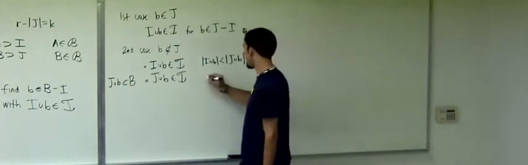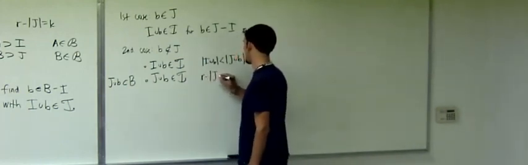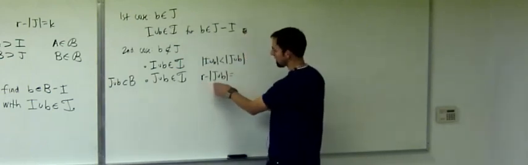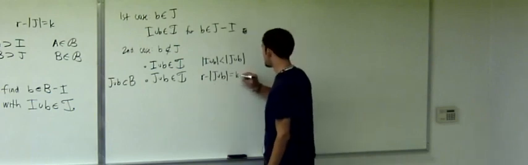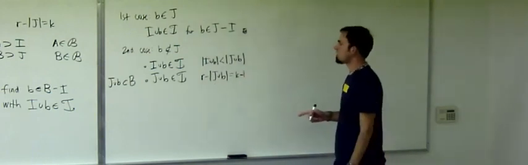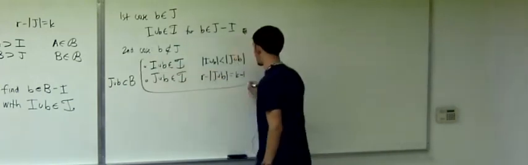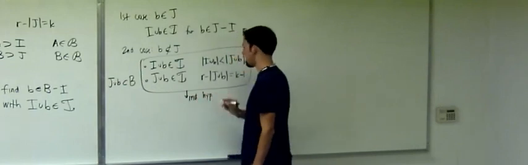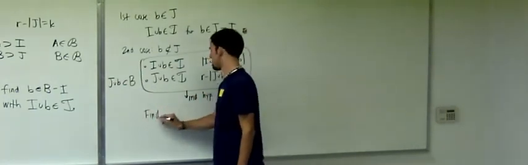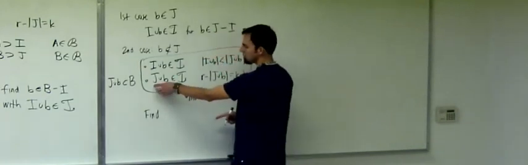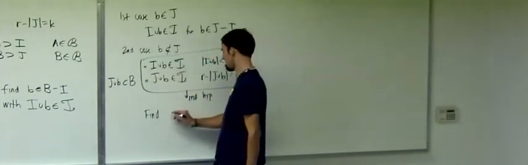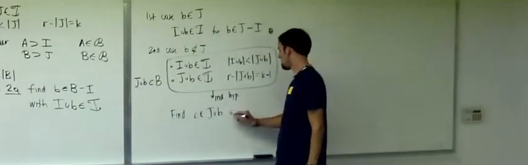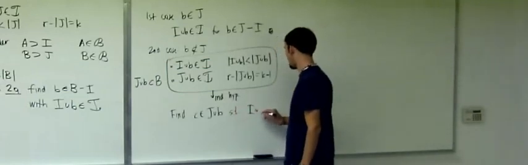And my plan is to apply the induction hypothesis. Well, if you look at R minus J union b, it's K minus 1. Well, R minus J was K, and I subtracted another element, K minus 1. Okay. So because I have this situation, I can use the induction hypothesis and find, let's call it an element c in J union b that I can add to I union b.